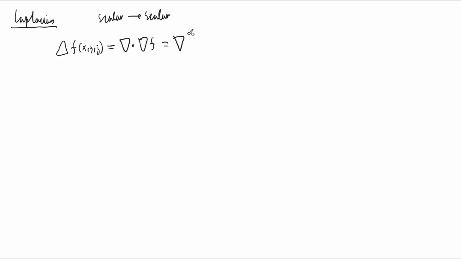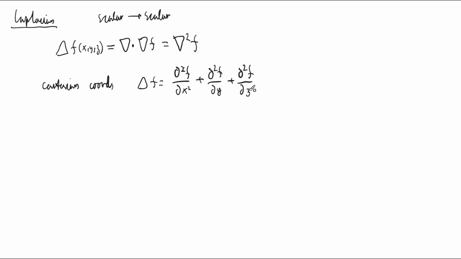Sometimes it's just written as del squared of f. So in Cartesian coordinates, the Laplacian of f is just d²f/dx² plus d²f/dy² plus d²f/dz².